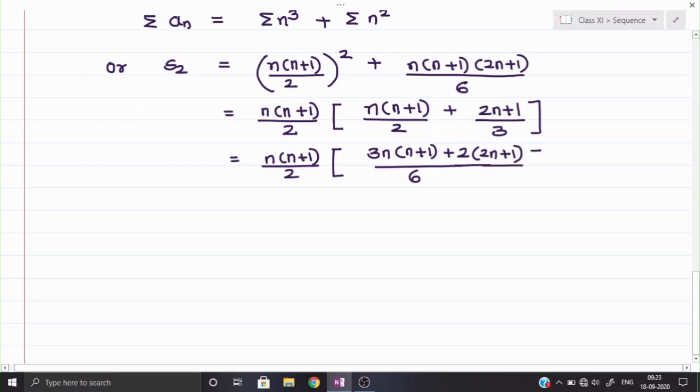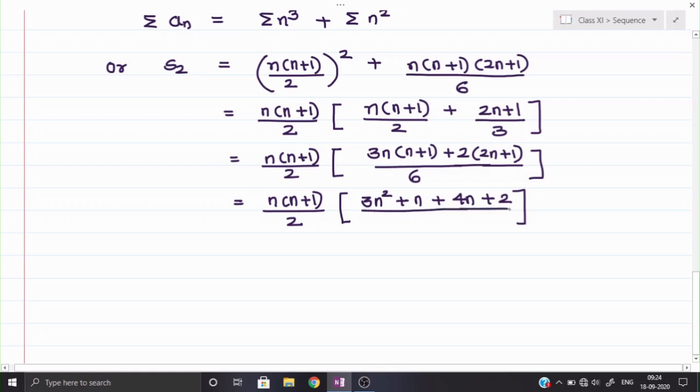Okay, now further n into (n plus 1) upon 2 will be as it is, and here we shall multiply further. This will be 3n square plus n plus 4n and then plus 2, and whole divided by 6. 6 and 2 we can multiply, so it will become now n into (n plus 1) divided by 12 into the bracket.